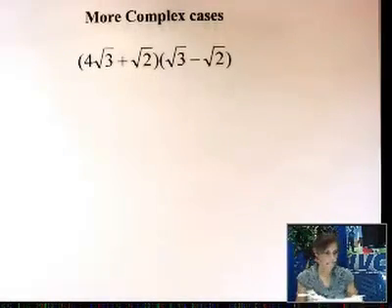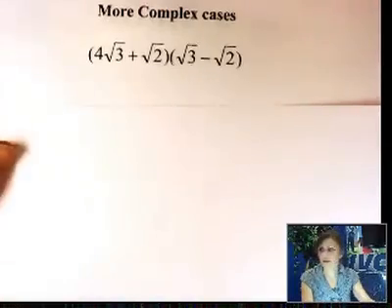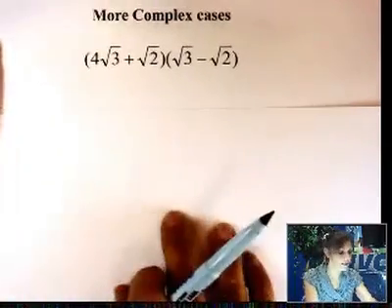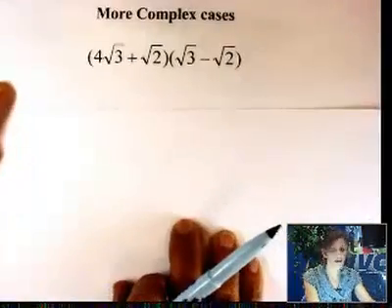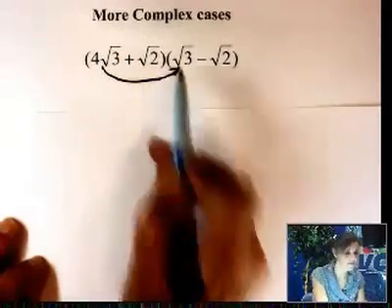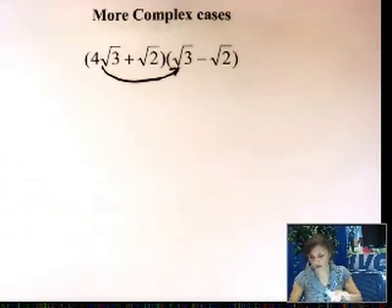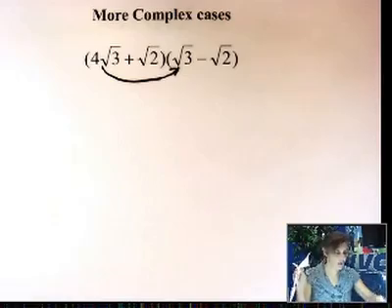Okay. Now I'm going to FOIL it. And when it is all different things, this is just kind of a more complex case. And I just FOIL it. So let's look at the first term. How does the first term work out?